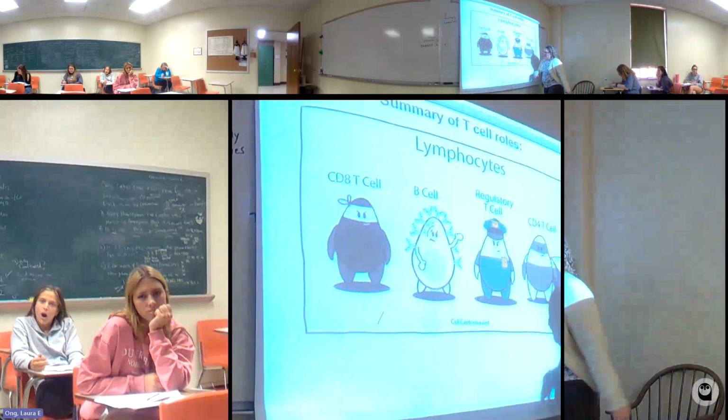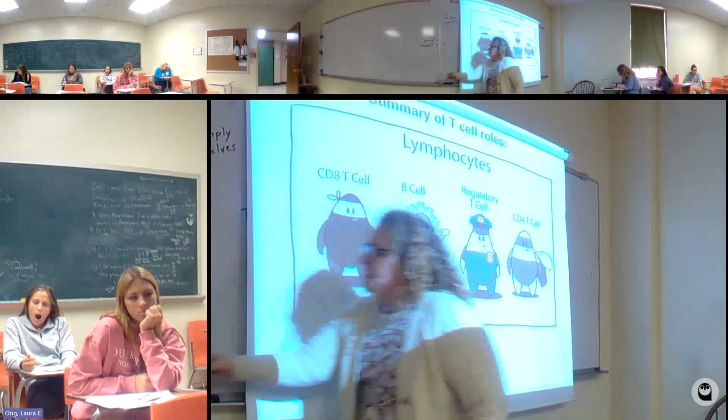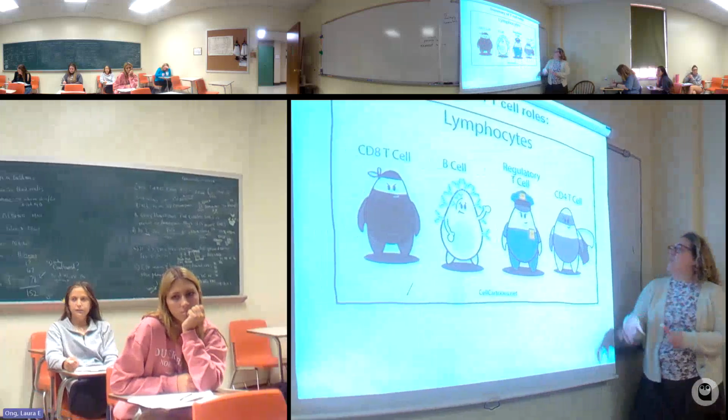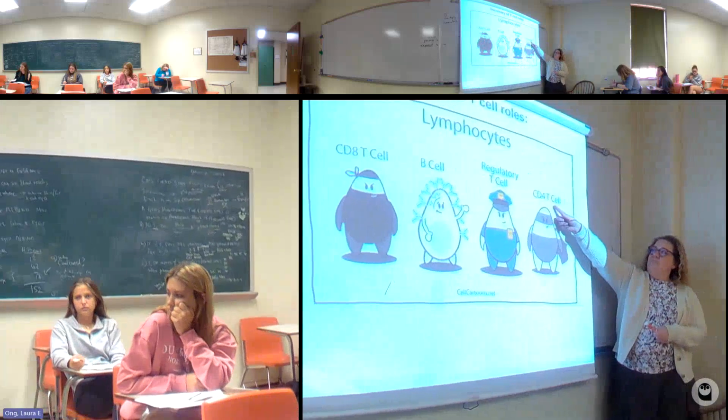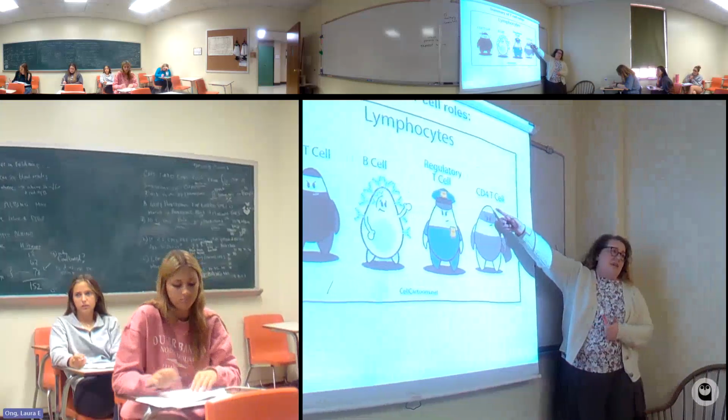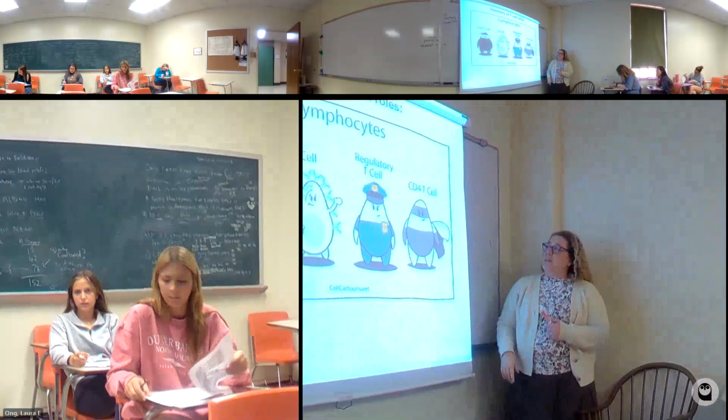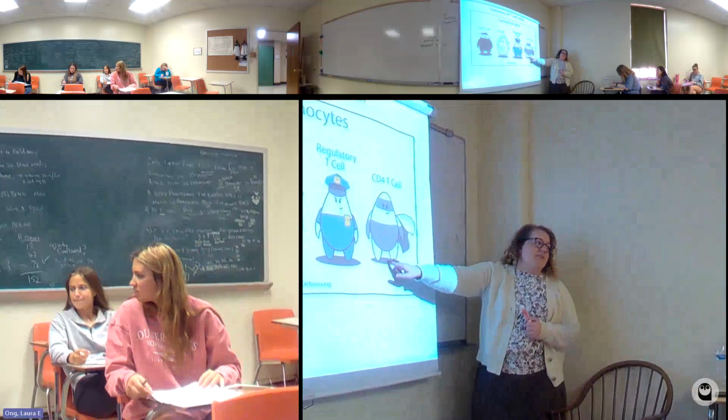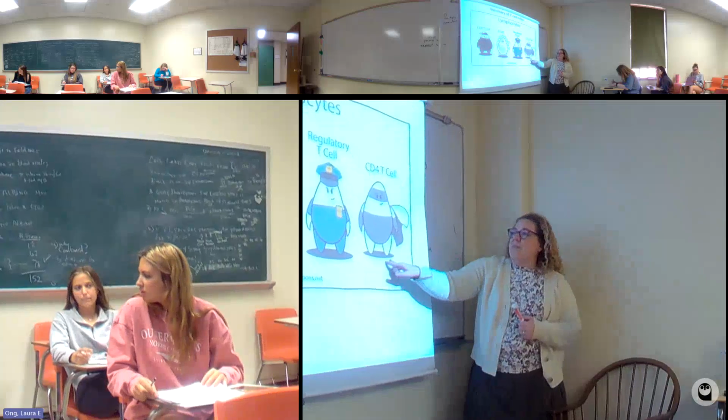This one is what we have called so far a T helper cell. The other name is a CD4 T cell. This is a T helper cell. You could write that underneath here.